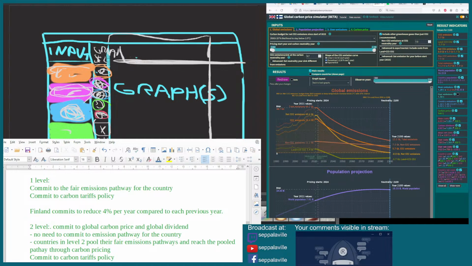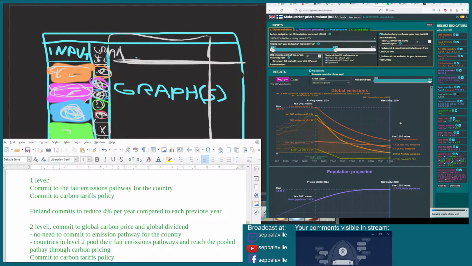Okay, we go back to a neutrality year of 2070 here. And now I wonder if it's going to calculate through all of those. Yeah, because I slid the year, it's now calculating, as I slid it through 2080 and 2075.